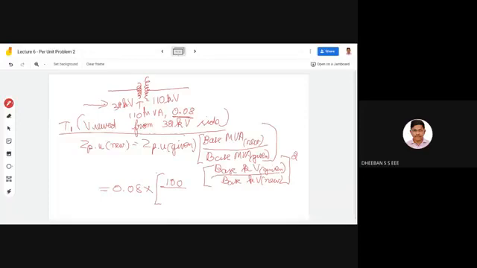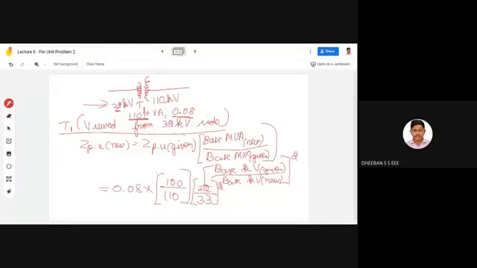Given means it is the base MVA of your transformer, which is nothing but 110. Into kV given, which is nothing but 32 kV, 32 by base kV new. In this case base kV new is 33, so it will be the whole square.